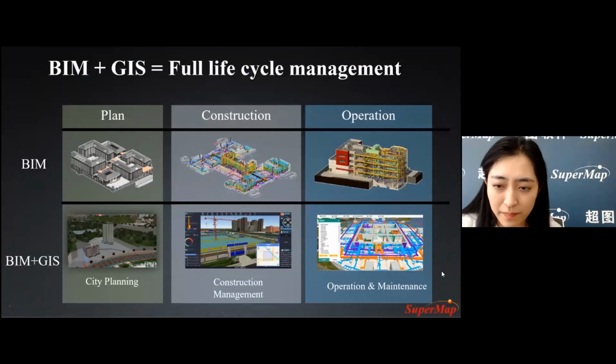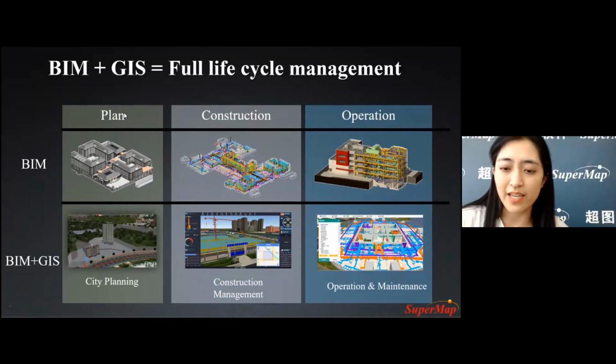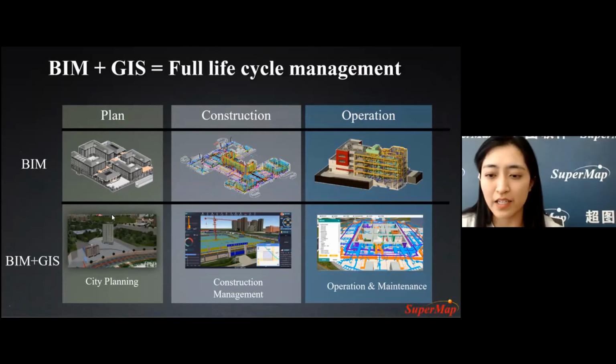At present, BIM is applied in the field of design and construction, but it cannot be used alone in the operation management after the building is built. So GIS can help BIM throughout the building's lifecycle management. In the design stage, it can be extended from building design to urban design.